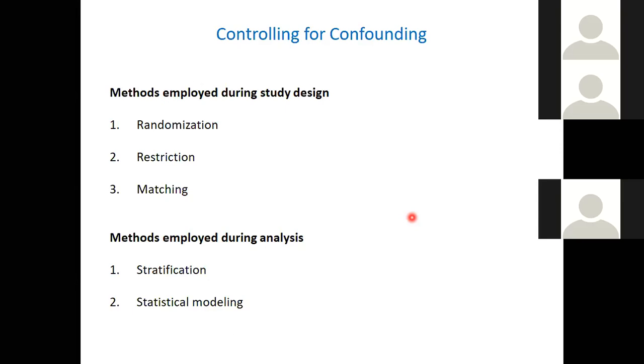But if you have done the study and all those things were not done, or you have done them but still not perfectly, you deal with it during analysis. Most of the time, restriction, matching and randomization are things that experimental designs do a lot, because they've already made up their mind.